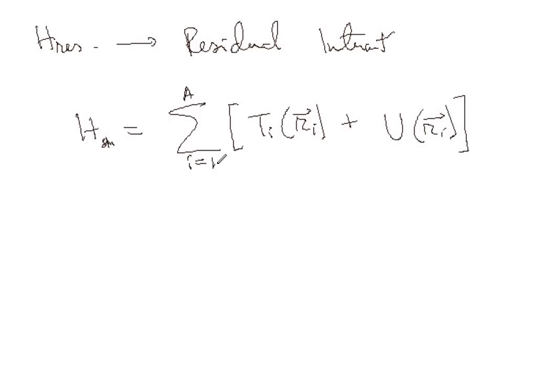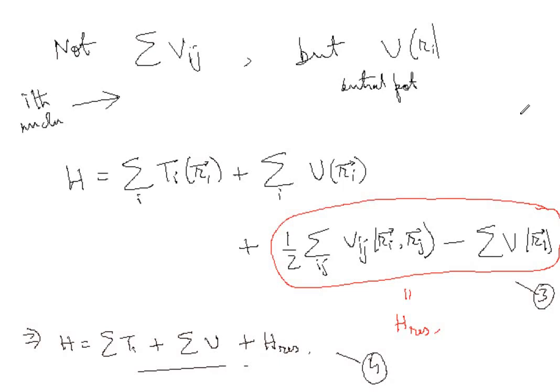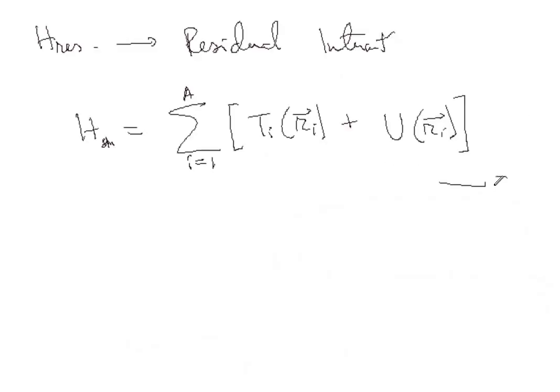Now later we will see that part of the lost accuracy when we pass from equation 2 to this equation, equation number 5. What was equation 2?